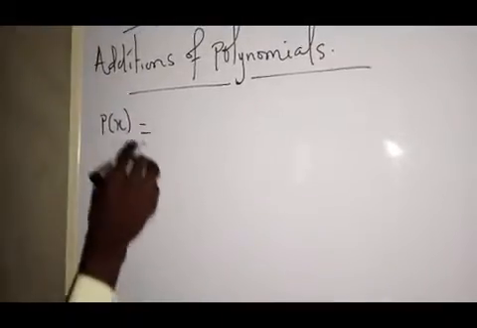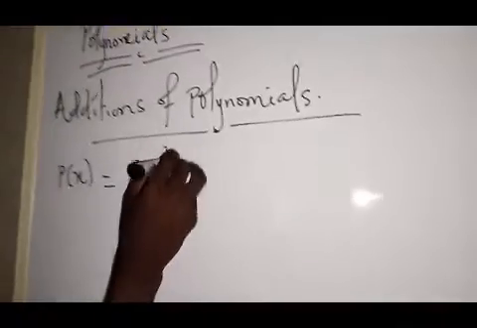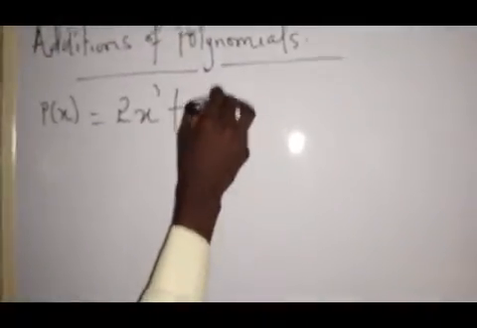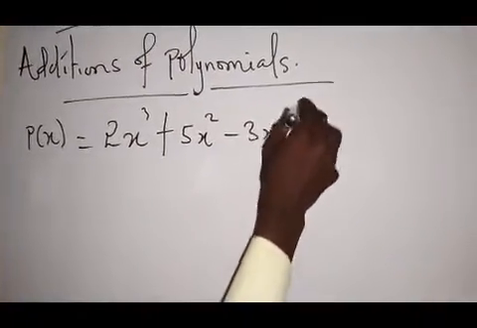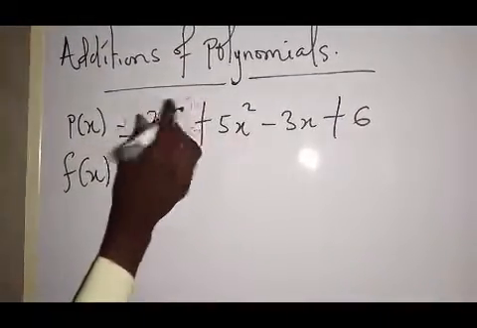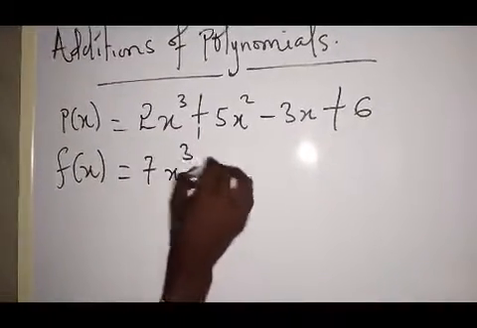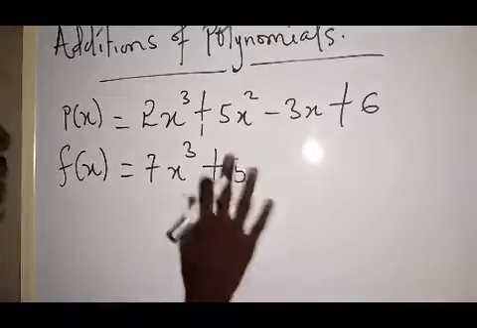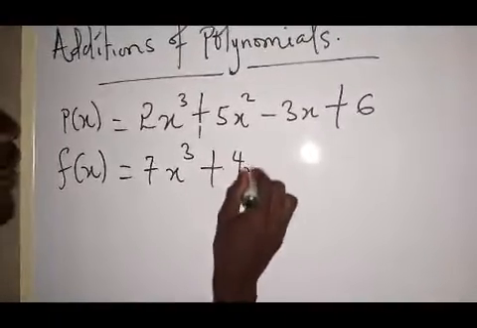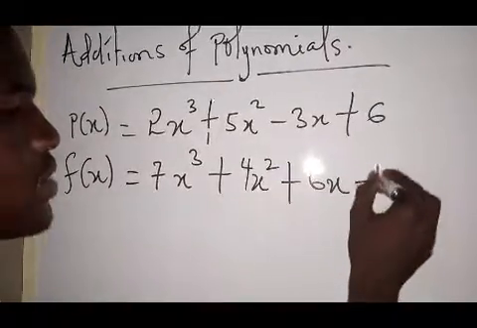Alright. So let's say I have p of x, the polynomial of x, as 2x cubed plus 5x squared minus 3x plus 6. And I have f of x, another polynomial, as let's say 7x cubed plus 4x squared plus 6x minus 10.